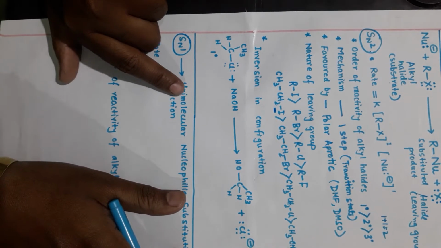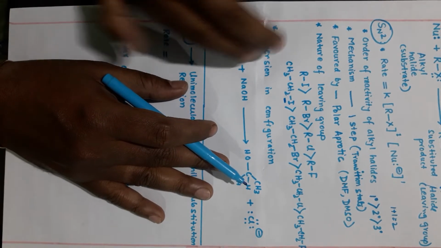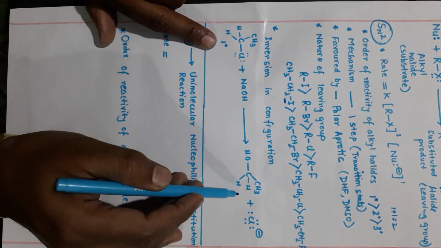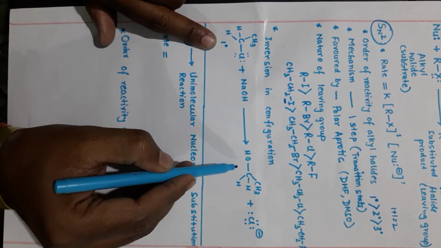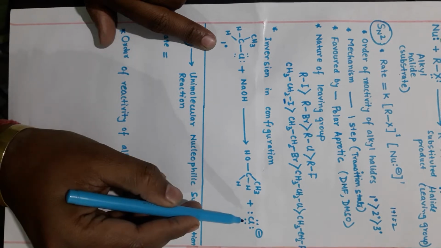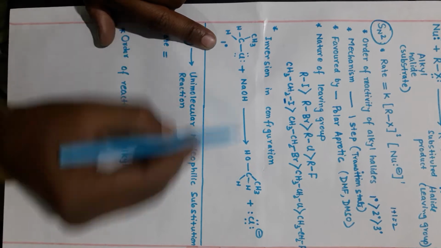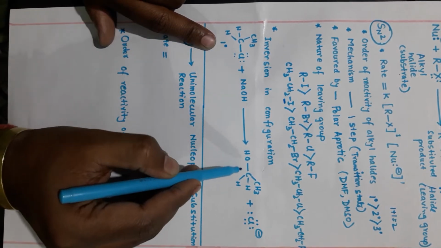Next one is the inversion in configuration. That means whatever product we get by Sn2 reaction. Here I have drawn a reaction for Sn2 reaction. A primary alkyl halide with sodium hydroxide gives us the substituted product, and the halo group leaves as the halide. That means the chloro group is leaving as chloride. This is the primary alkyl halide; ethyl chloride is giving us ethanol.